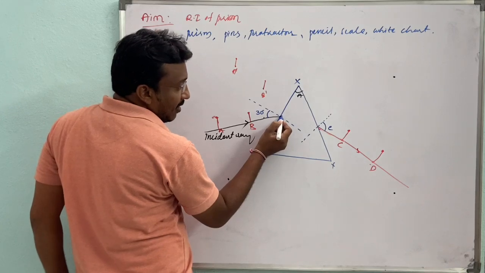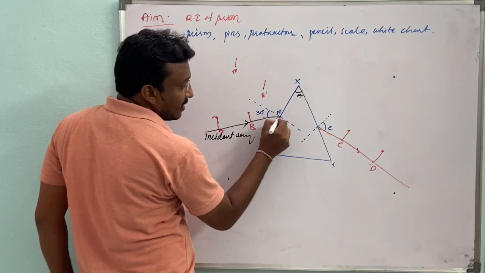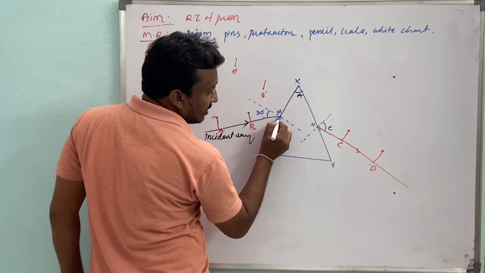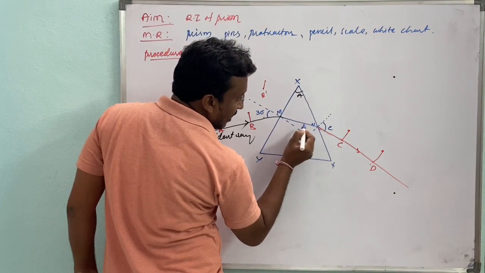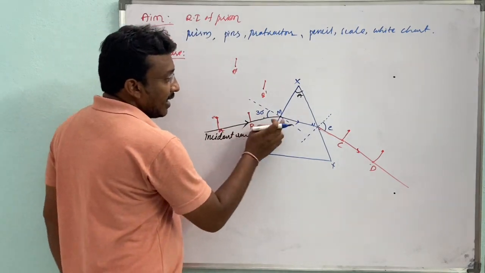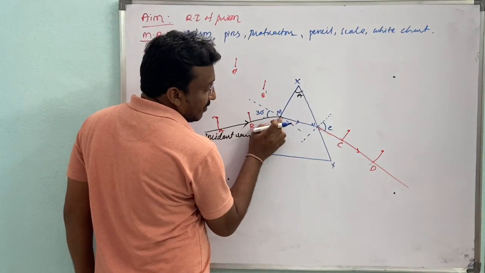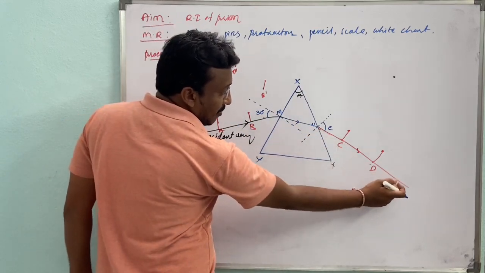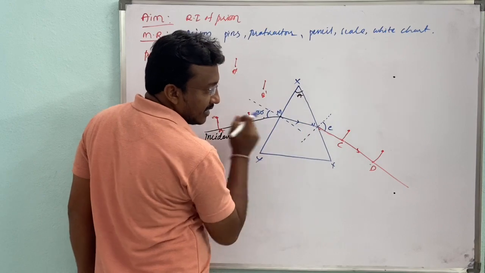This is the point of incidence. Let this point of incidence be M, and this point of incidence be N. Then join the points of incidence M and N. Got it? Have you understood? The point of incidence for the incident ray is M, and the point of incidence for the emergent ray that we have drawn is N.